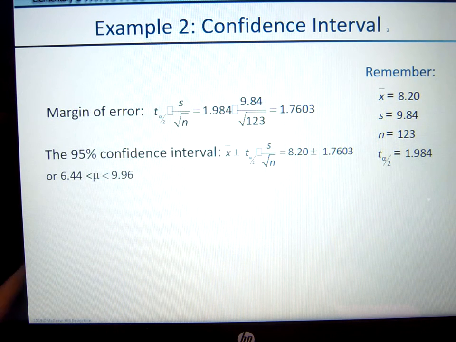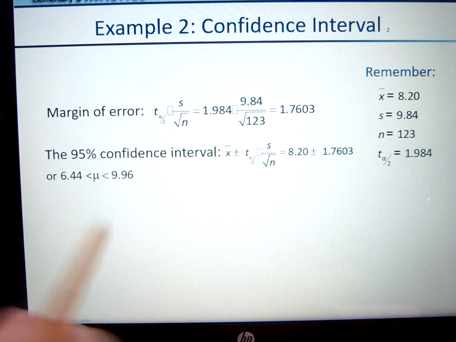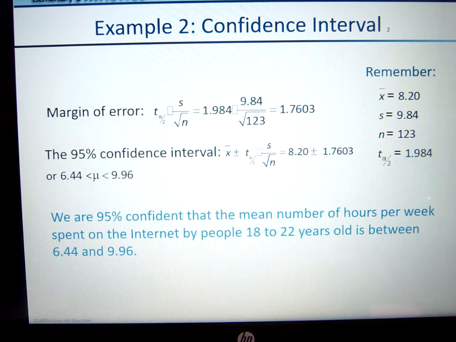My population mean will be somewhere in between there. So we're 95% confident that the mean number of hours per week spent on the internet by people ages 18 to 22 years old is between 6.44 and 9.96.